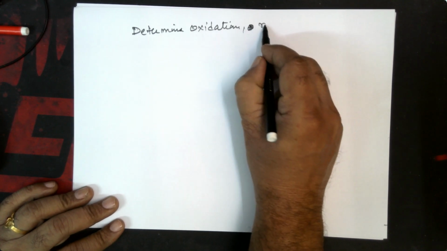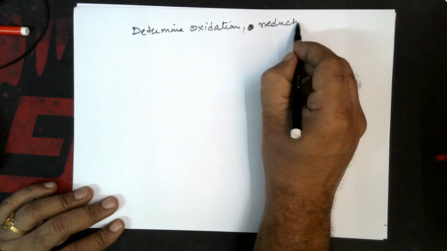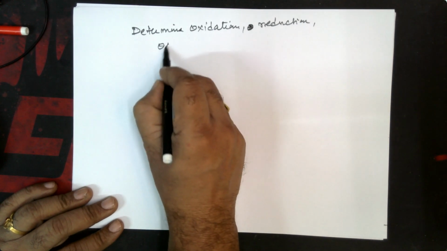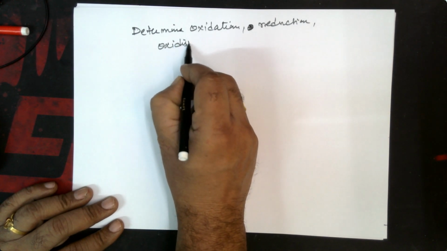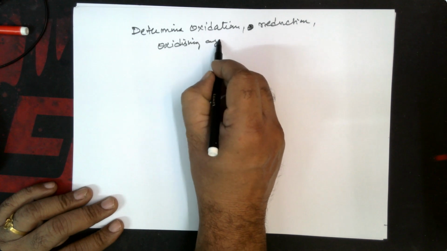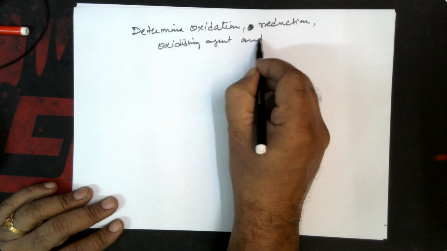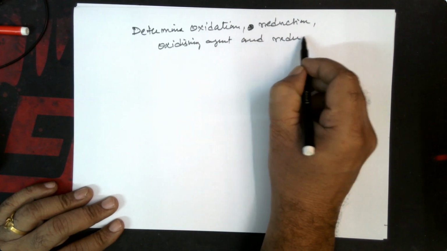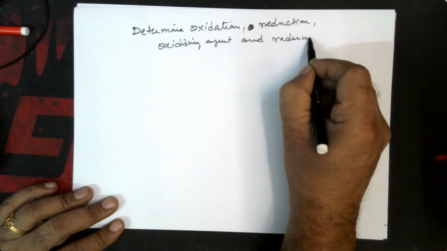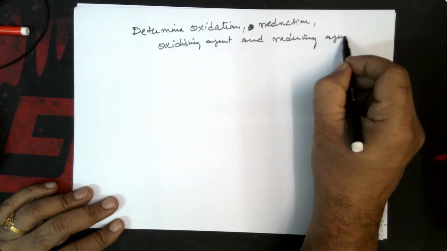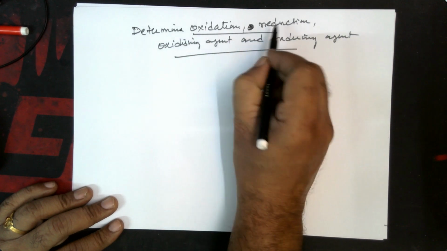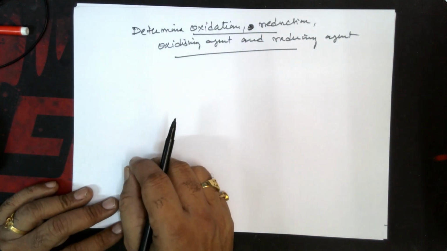Determine oxidation, reduction, then oxidizing agent and reducing agent in a chemical reaction. Okay, so this is also a very important concept.